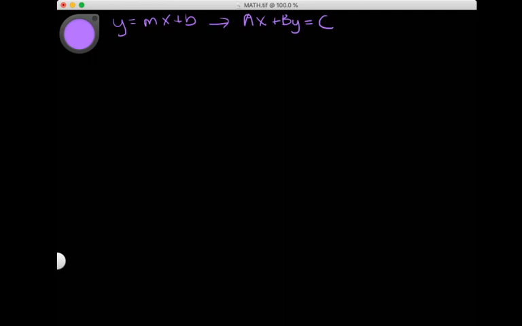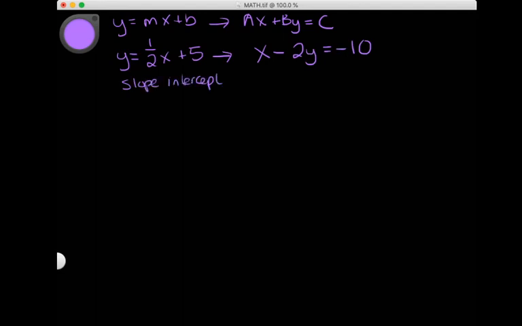So we took a question like y equals 1 over 2x plus 5, and after we converted it into standard form, our answer was x minus 2y equals negative 10. So that was slope-intercept into standard form.